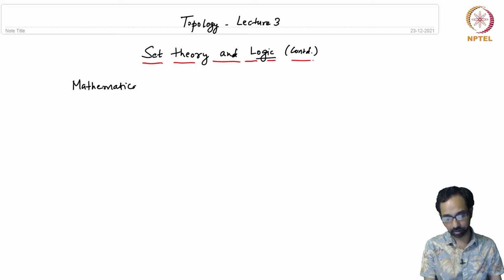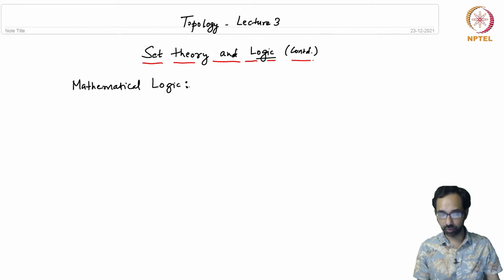Mathematical logic, well, it's a structure with which you can decide whether things are true or false.